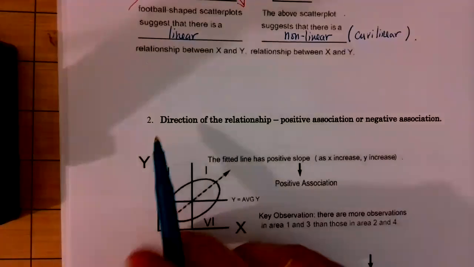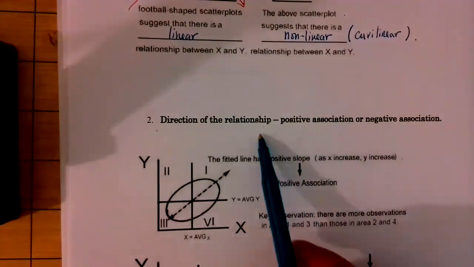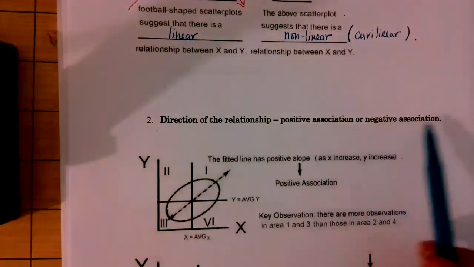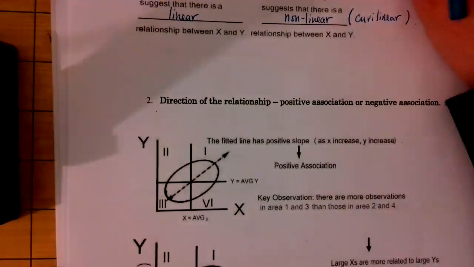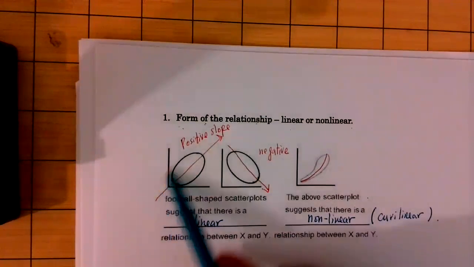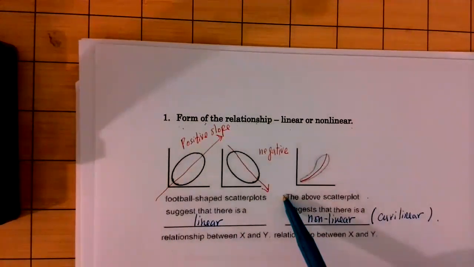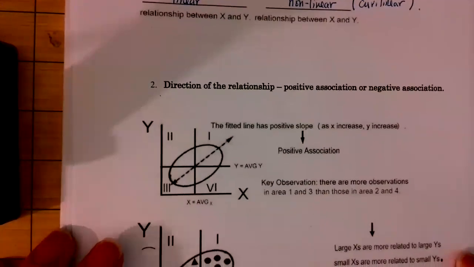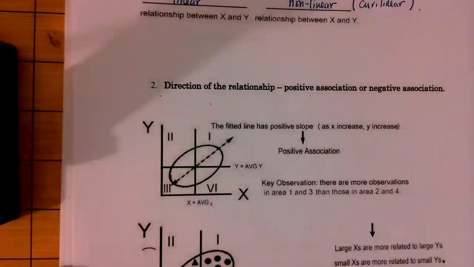We also look at the direction of the relationship, okay? Direction means positive association or negative association. The first one, when you see a football-shaped scatter plot, you know you can fit it by a line. So linear or nonlinear. Second one, in the graph, you want to observe the direction of the relationship, okay?